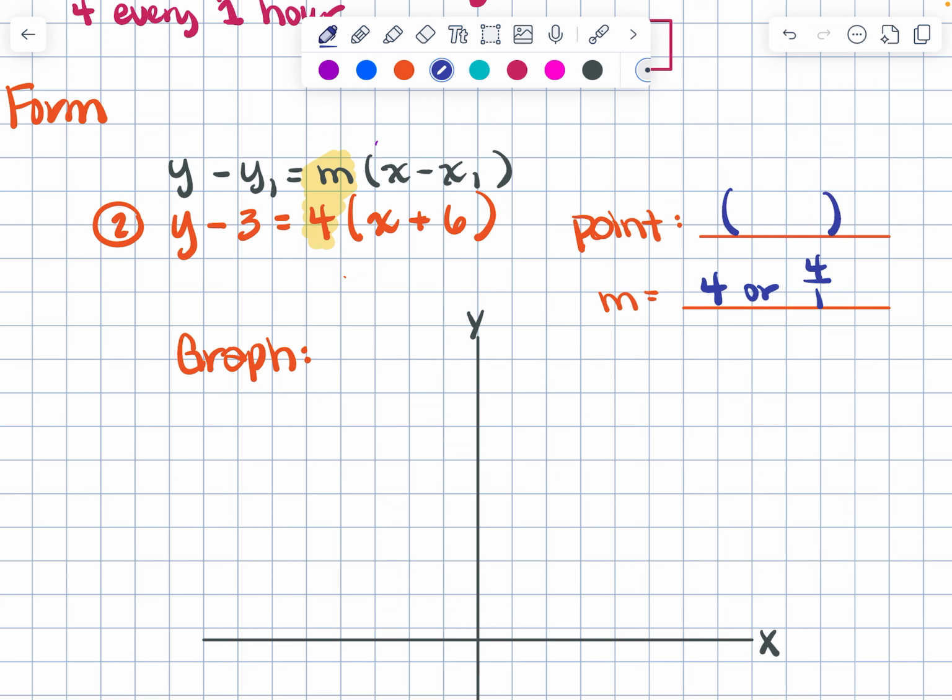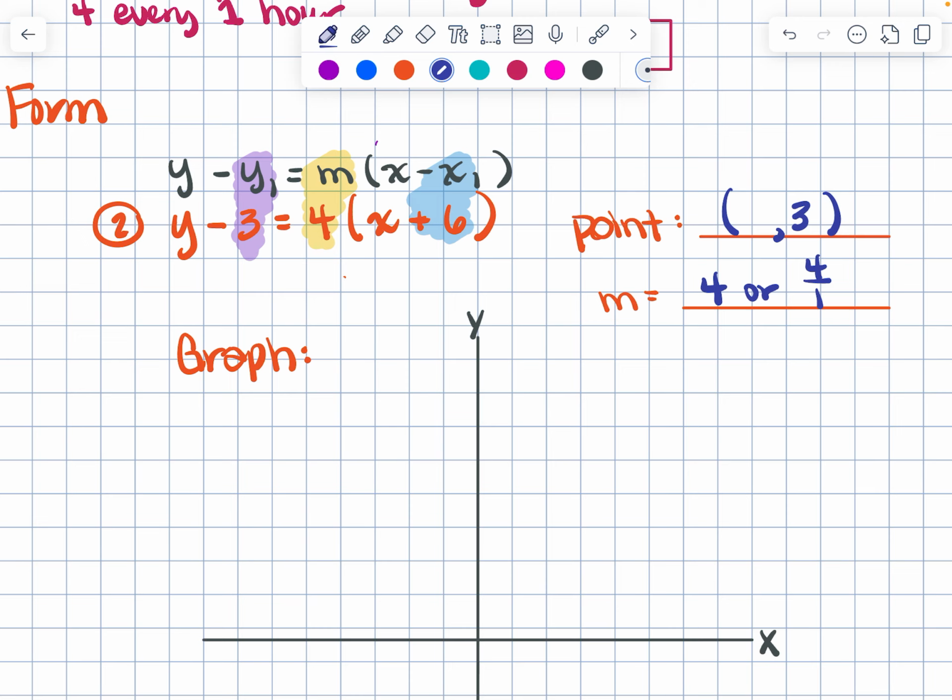And then we need the point, right? So the point is the x1, y1, right? So let's see. If I just work from left to right, I can clearly see that it's still a minus sign over here on the left, which means we plugged in a positive 3 for the y value. And then over here, our x1 value made the equation turn into a positive 6.